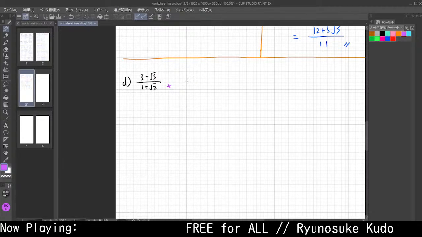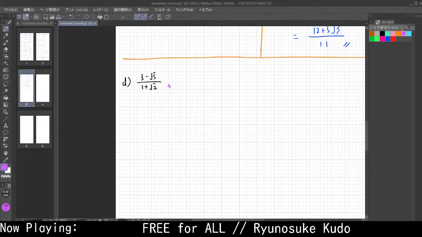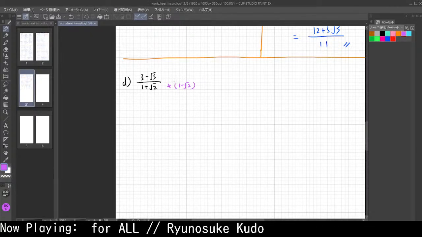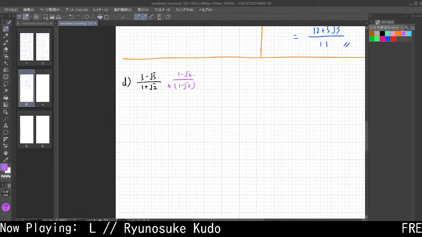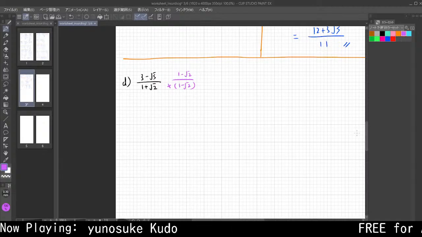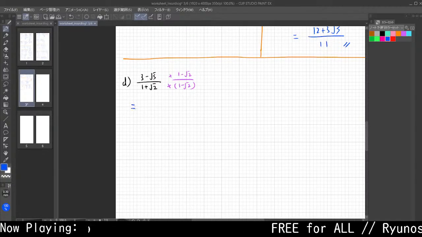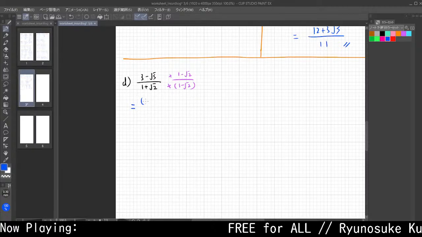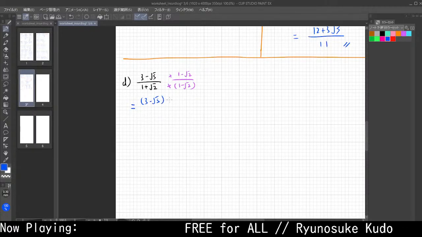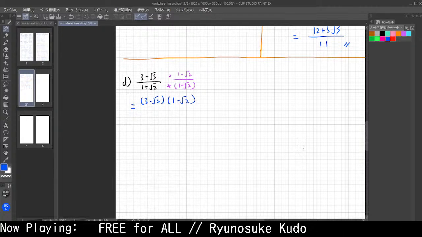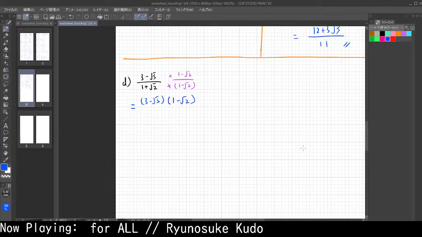So you will get 1 minus square root 2 over 1 minus square root 2. So let's multiply this entire thing, both top and bottom. The top is two things multiplying together, so you want to get two brackets and do the expansion later on.